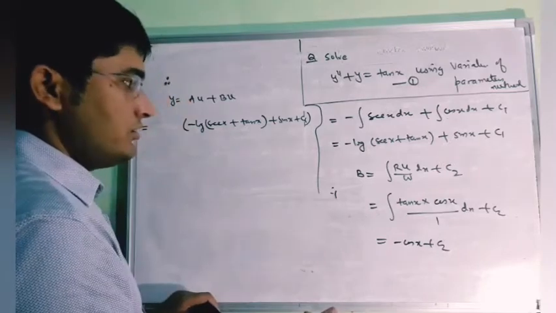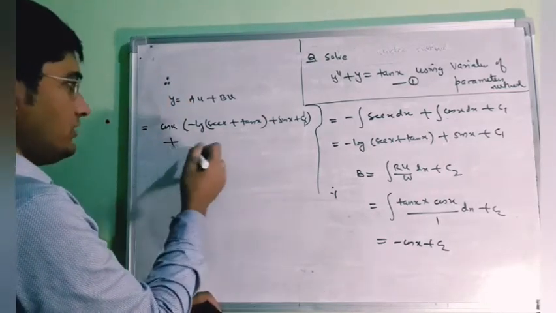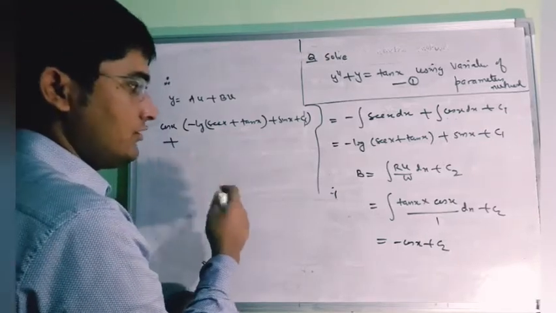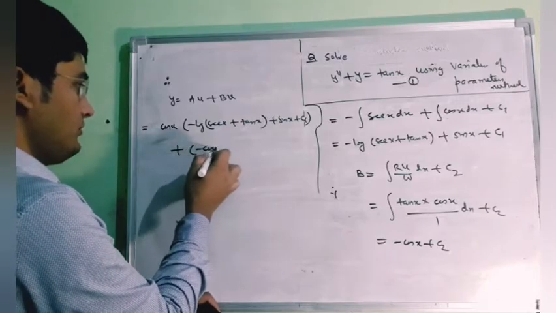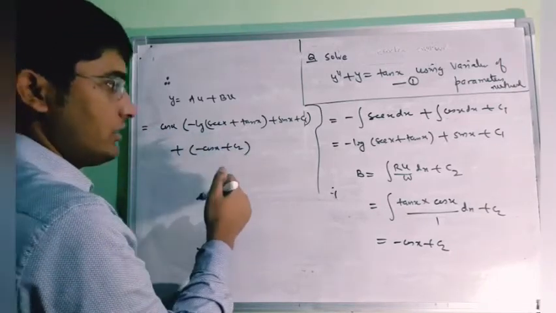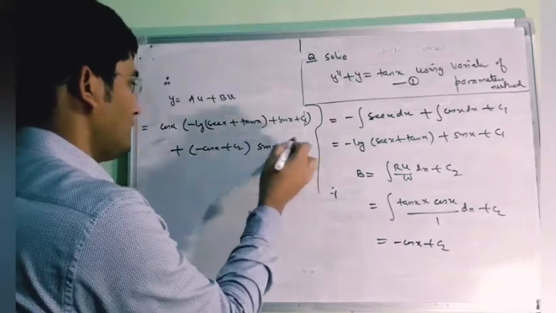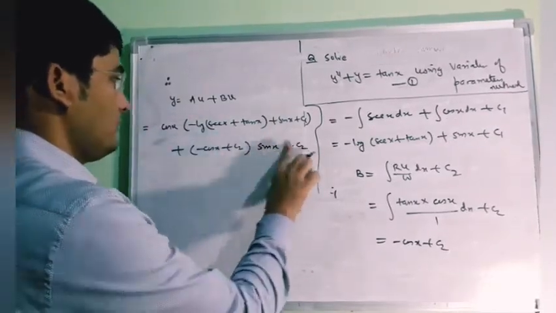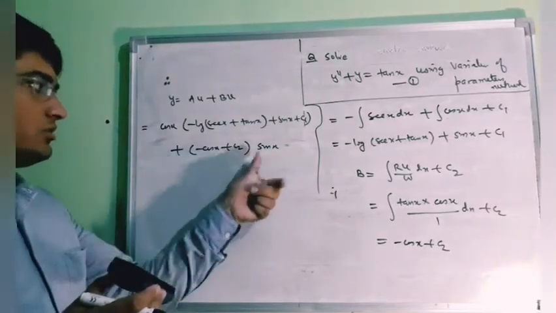Our u was cos x, then b into v, and the value of b is minus cos x plus c2 into v, and the value of v was sin x, plus the value of b is minus cos x plus c2 into sin x.